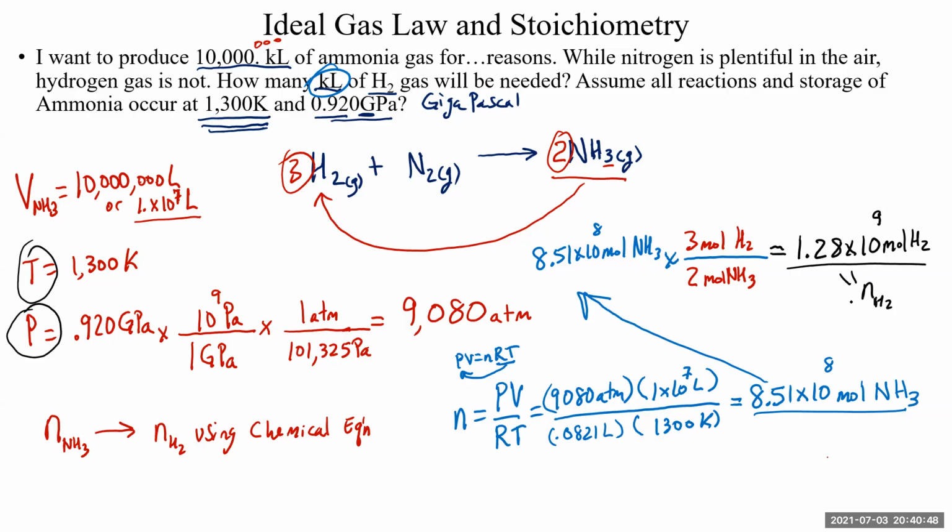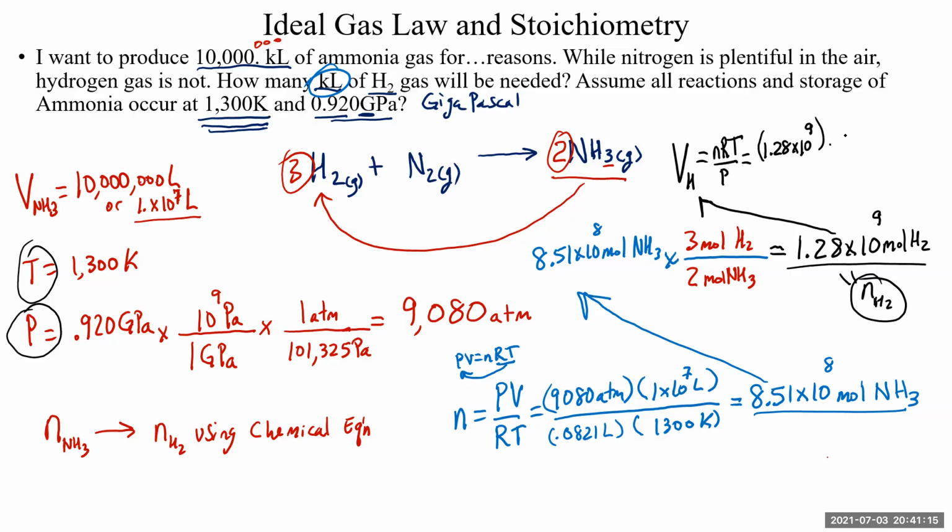So this is now our moles. We're going to solve for the volume of hydrogen next. Volume of hydrogen equals N times R times T divided by P. Now the N value is the only thing that's really changed here: 1.28 times 10 to the 9th moles.